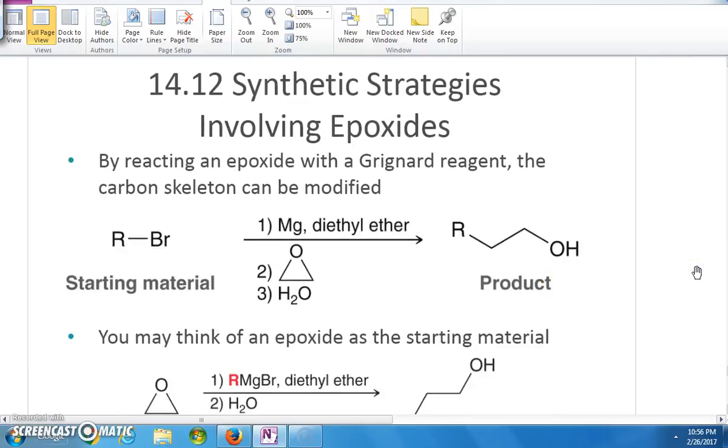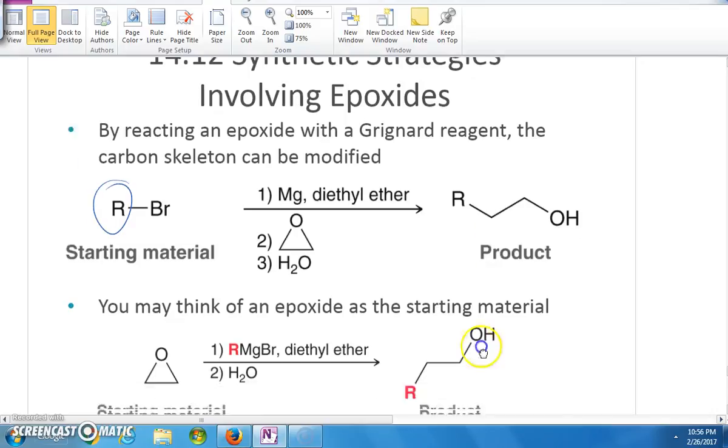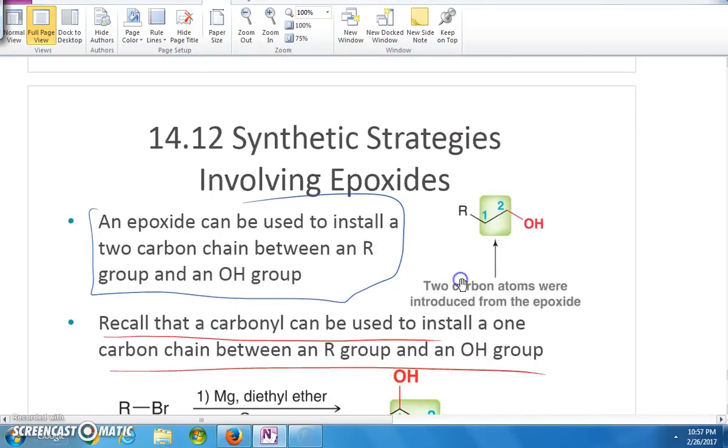Now, by reacting an epoxide with a Grignard reagent, you can modify the carbon skeleton. You can add a given number of carbons to the carbon skeleton, so you might think of an epoxide as a good starting material to which you can add carbons.